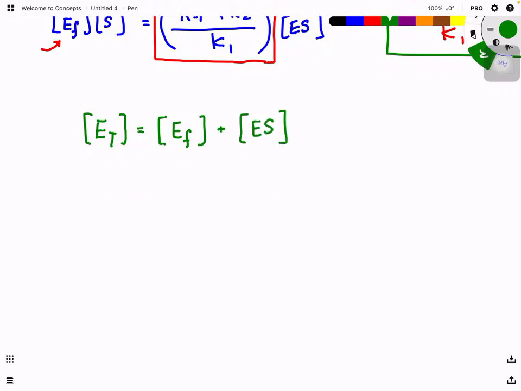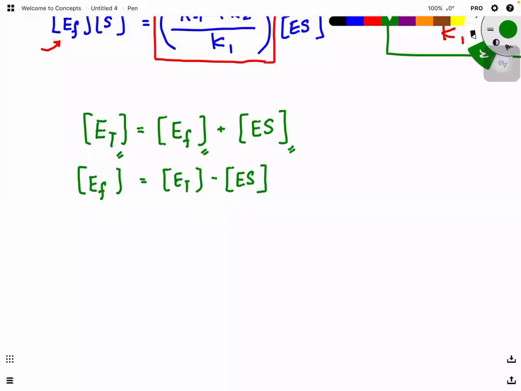So it means that of all the enzyme I have, some of them still remain as free enzyme, some of them already become the ES complex. So if I modify the equation here, free enzyme will equal the total enzyme concentration minus the concentration of the ES complex.